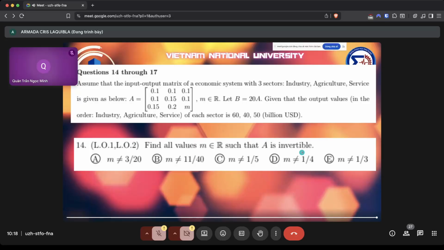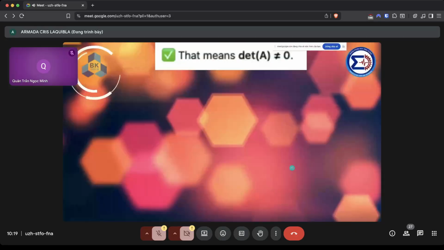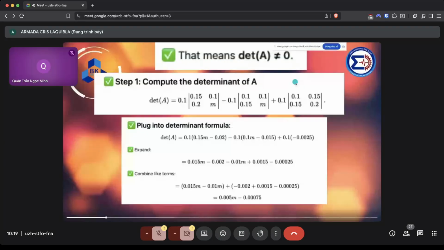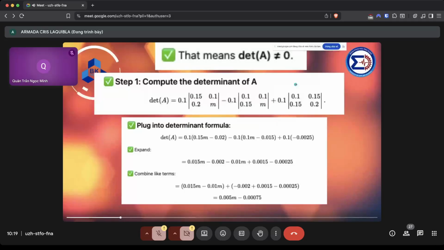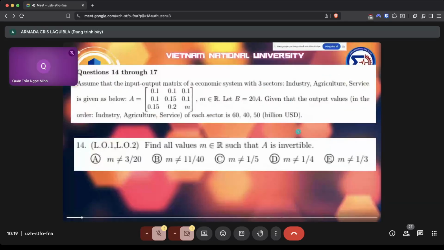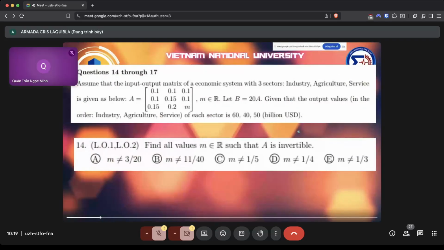Okay, when can you say, class, that A is invertible? A is invertible if the determinant is not equal to 0. Sorry, that's wrong.